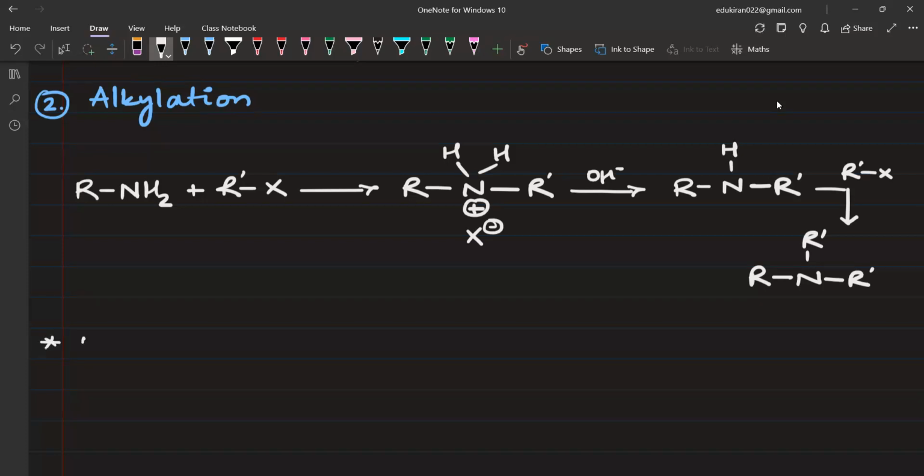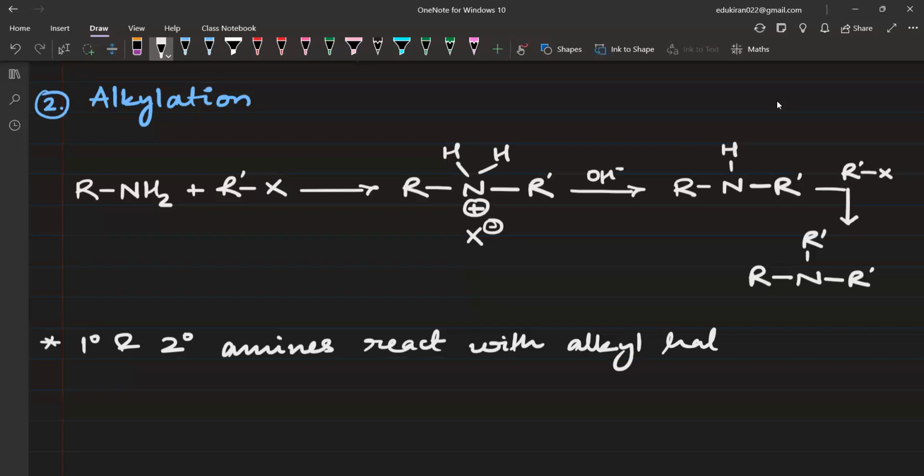So 1 degree and 2 degree amines react with alkyl halide to form 3 degree amines.